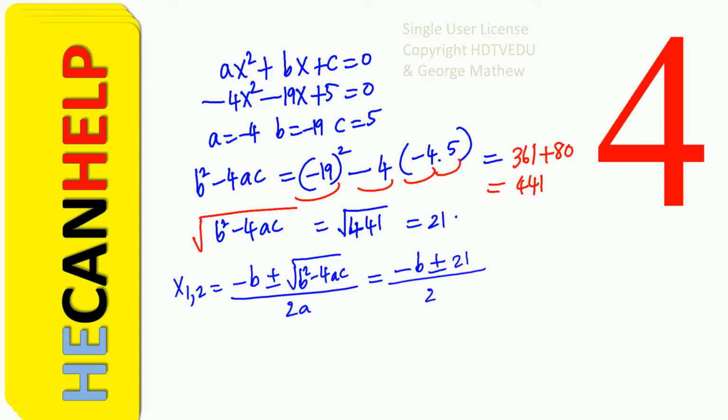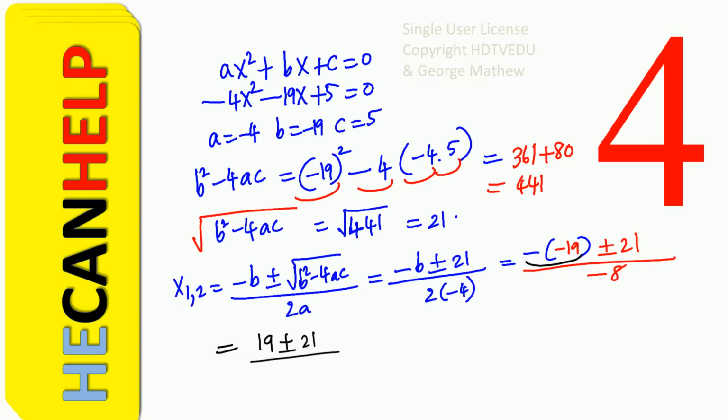The whole thing divided by 2 times negative 4. What is b? So it will be negative of, what is b? B is negative 19 plus or minus 21. The whole thing divided by negative 8. What is negative of negative 19? 19. So it is 19 plus or minus 21 divided by negative 8.